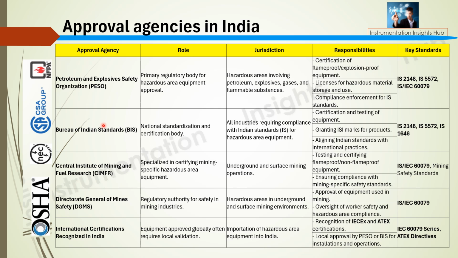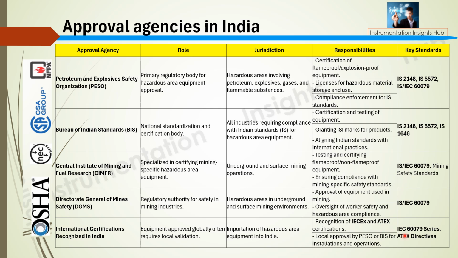In the last line here, you can see international certifications recognized in India, which are IECEx and ATEX. So in a nutshell, till this slide, we can say that ATEX, IECEx, and IS, Indian Standards, are all the same, because we have taken all the sections in IS from ATEX.